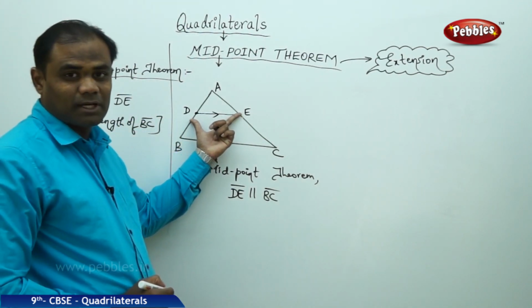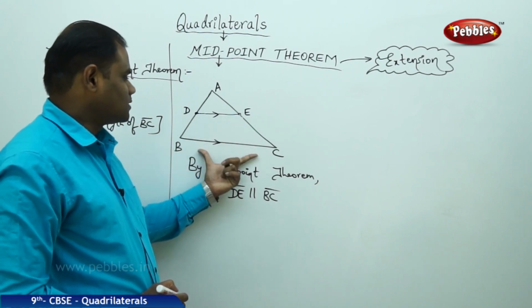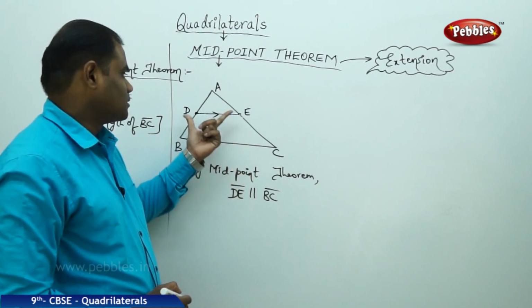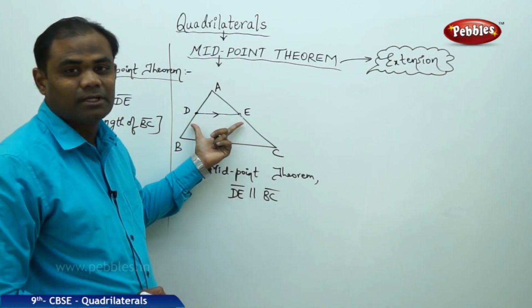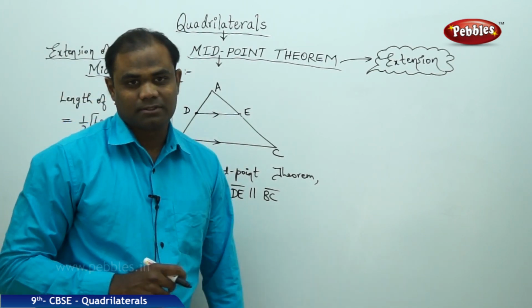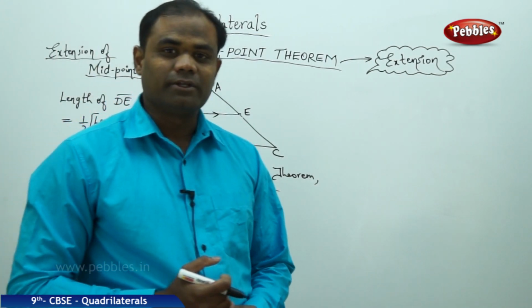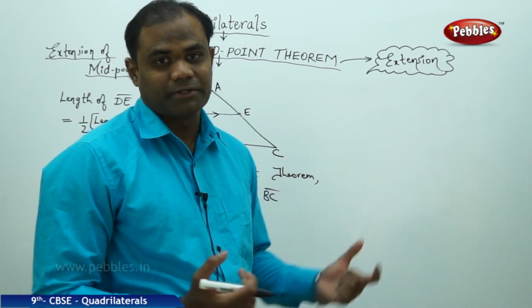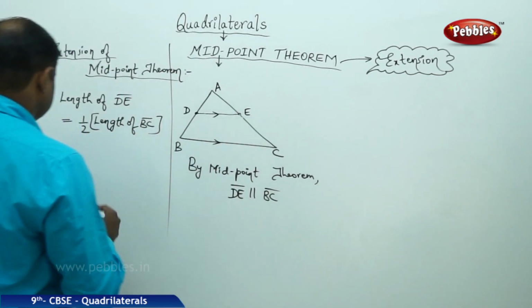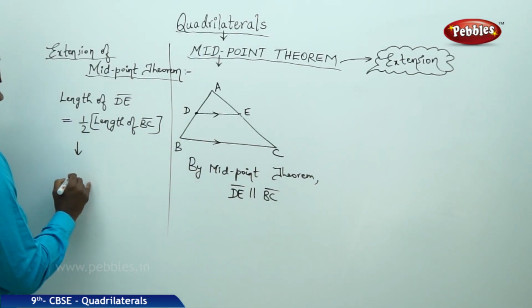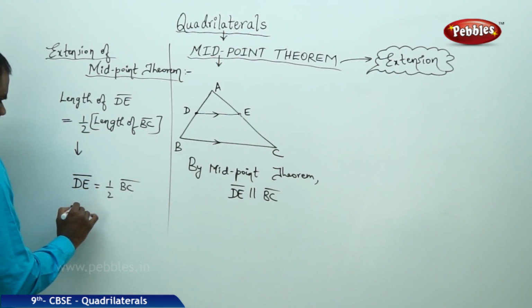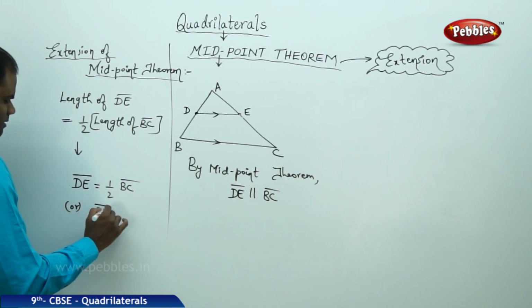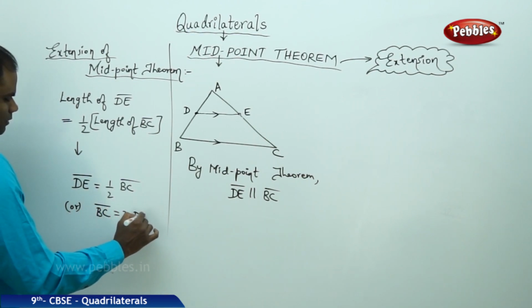So this length must be half of this. If this is 12 centimeters, this must be 6 centimeters. If this is 7 centimeters, this must be 3.5 centimeters. Is how we understand the midpoint theorem connected with the extension. So here simply I can write this as DE is half BC, or I can also write this as BC is twice of DE.